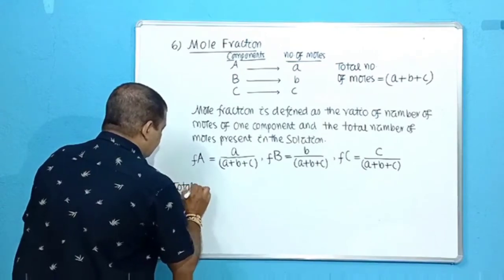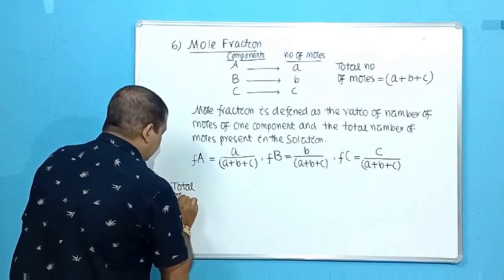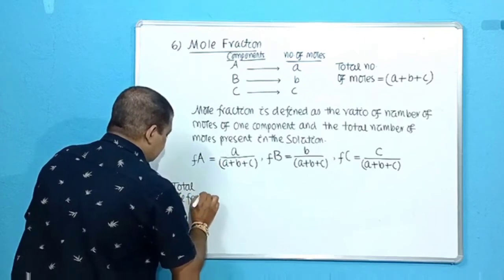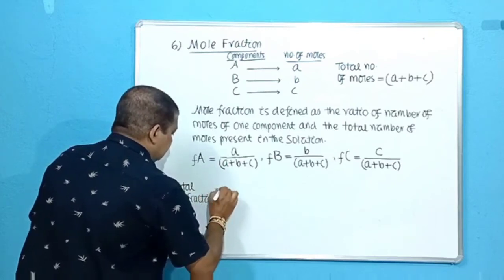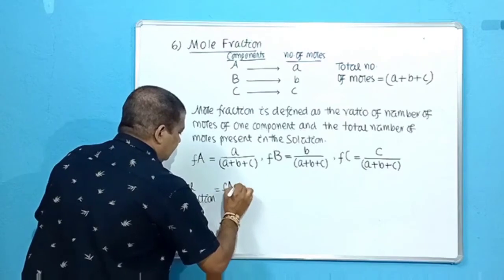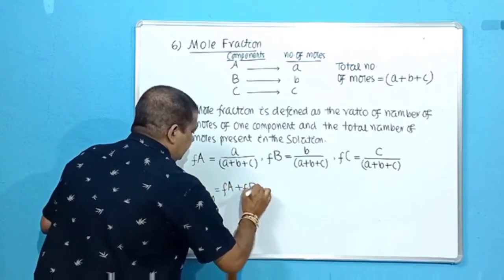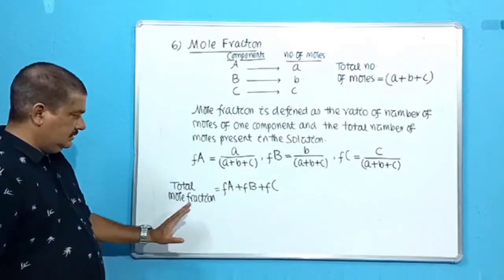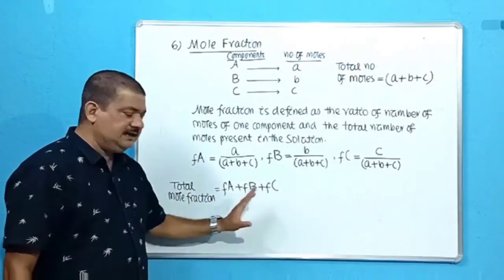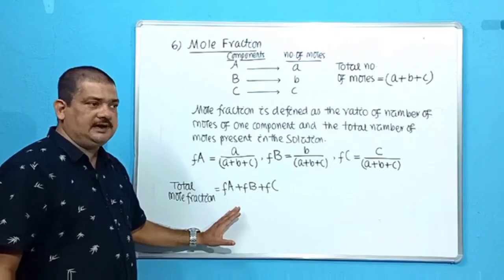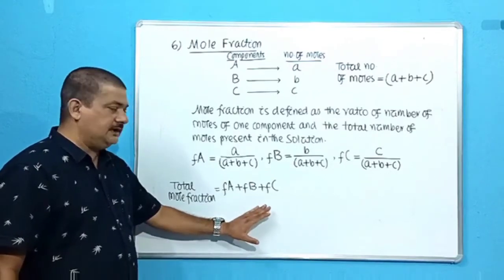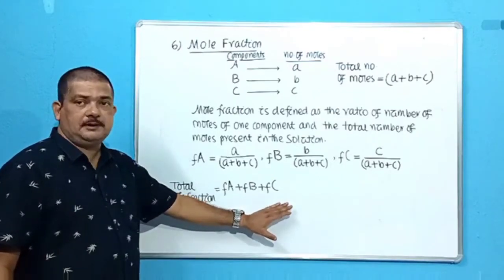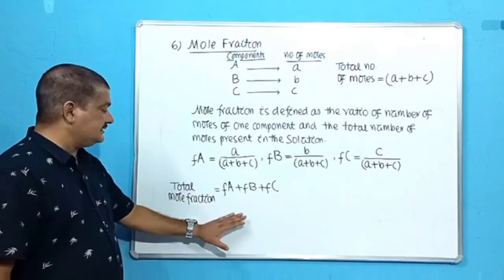Okay. So the total mole fraction of all components means F A plus F B plus F C. These are the three components A, B, C. F A is the mole fraction of component A, F B is the mole fraction of component B, F C is the mole fraction of component C. So what is the total mole fraction?